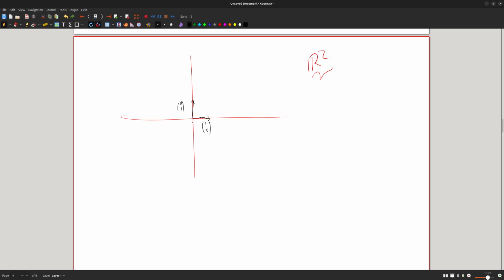If you want to get any other vector, say this vector here, and say this is -4, and this is positive, let's just say 3. Then this vector here is just A, equal to 3 times (1, 0) plus 4 times (0, 1), right?